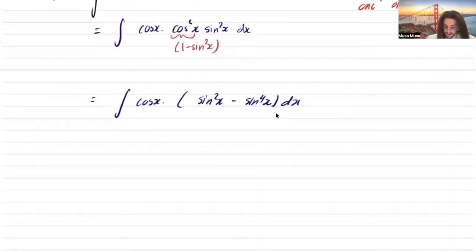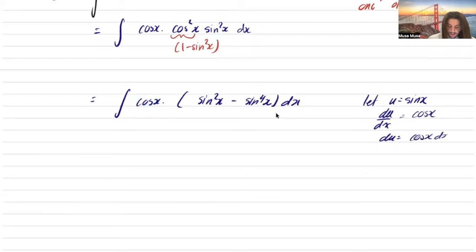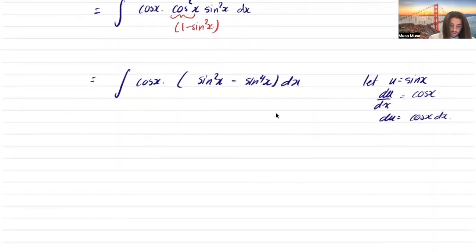All you got to do is let u equal sine x, like what we were doing before. Because when you take du dx, you have the derivative already there, that cosine. Then you end up with just a polynomial integral. So du on dx equals cosine x. That means du equals cos x dx. So our integral now just becomes quite easily u squared minus u to the 4 du.